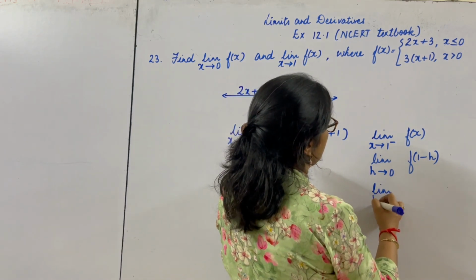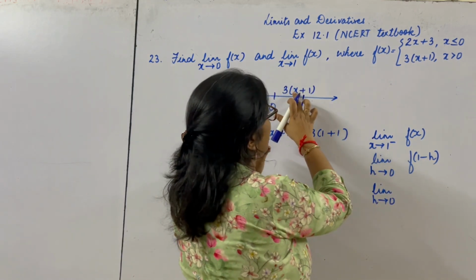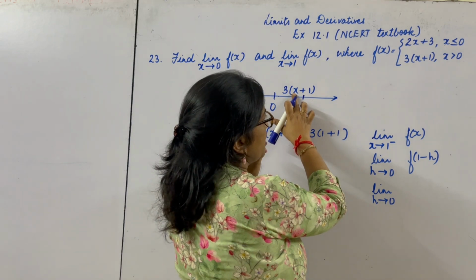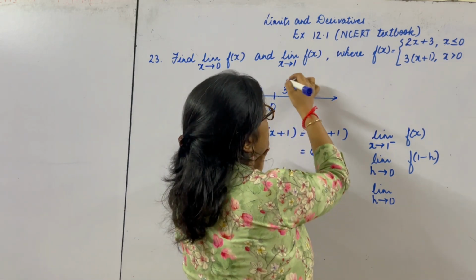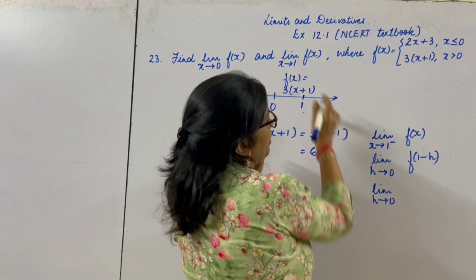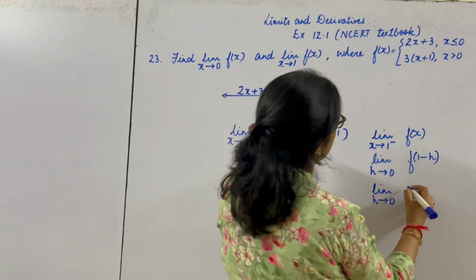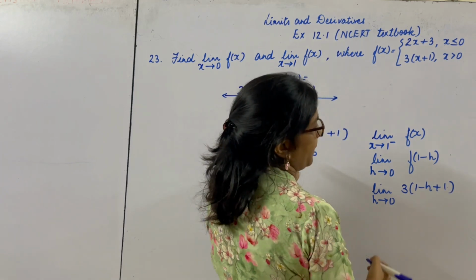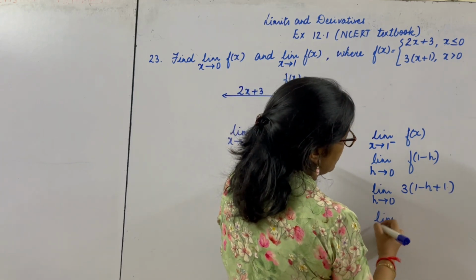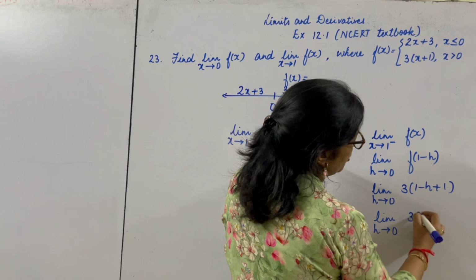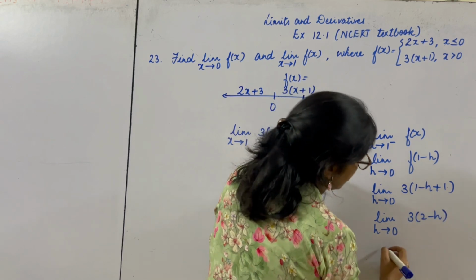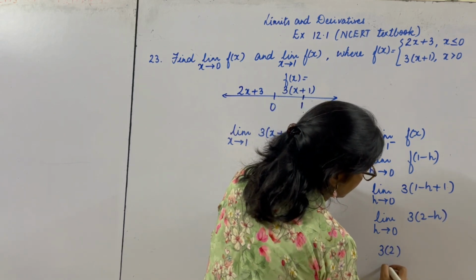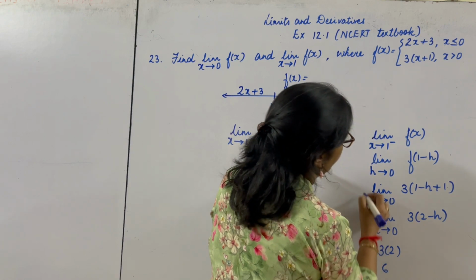So what is the function for f of 1 minus h? Instead of x, we have to write 1 minus h. So this becomes 3 into 2 minus h, and substitute h as 0, you will get 6 as your left hand limit.